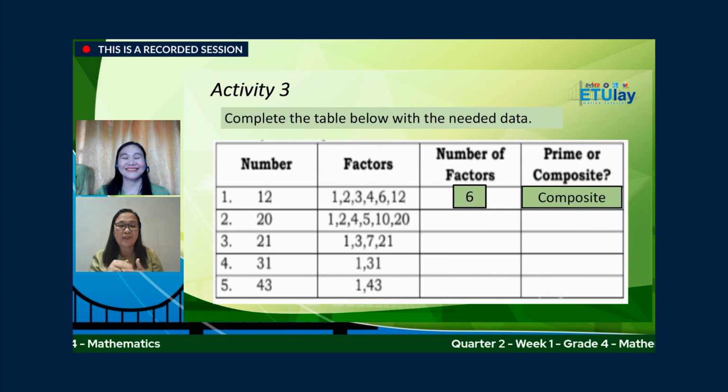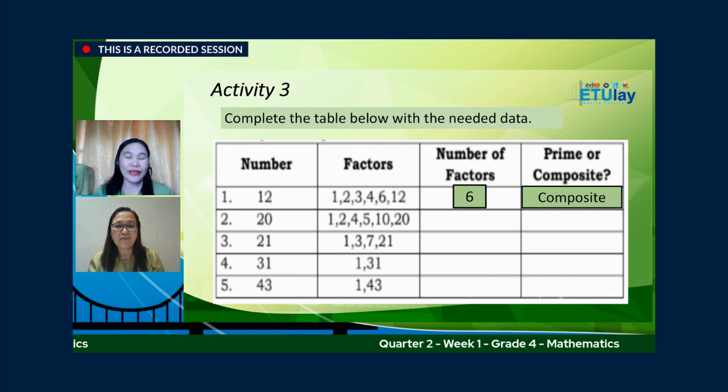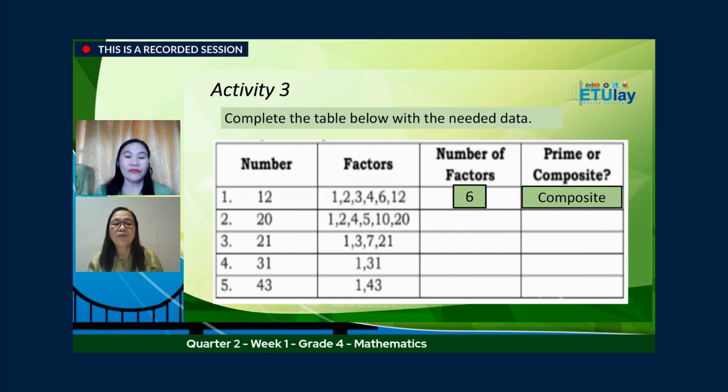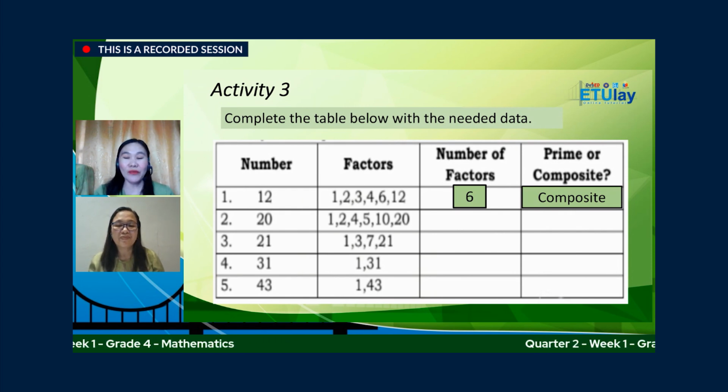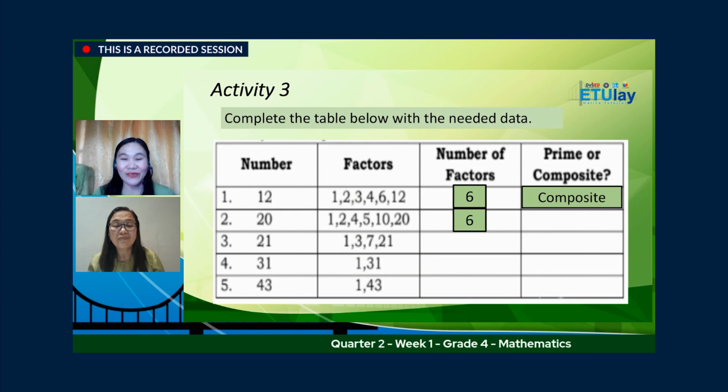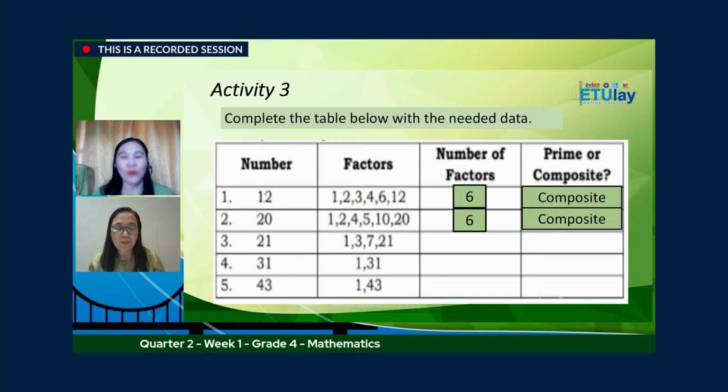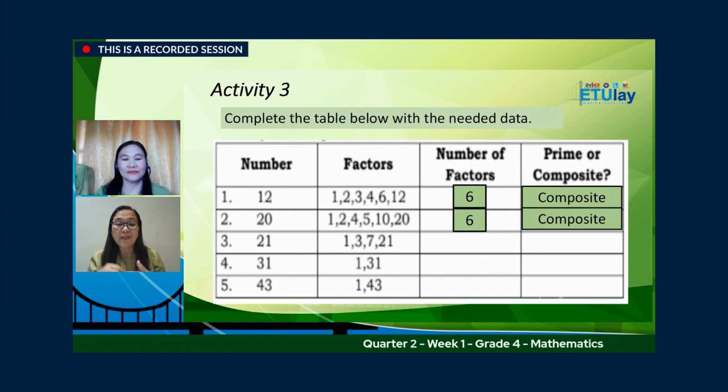Okay, number 2, we have 20. The factors are 1, 2, 4, 5, 10, and 20. And how many factors do we have? If your answer is 6, very good. And it is composite number. Yan. Next. Number 3, 21.